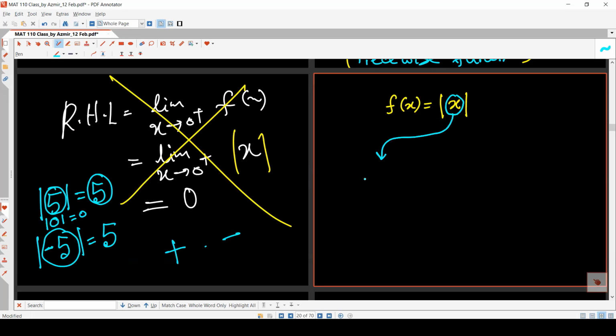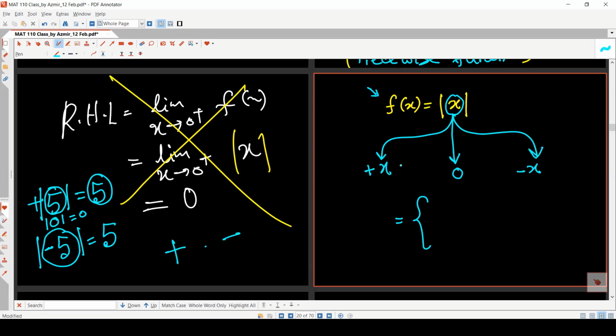This inside quantity can be positive, just like this one. This inside quantity can also be negative. Same quantity can be 0, because if x is 0, so we have 0. So we can make 3 functions from this given function.